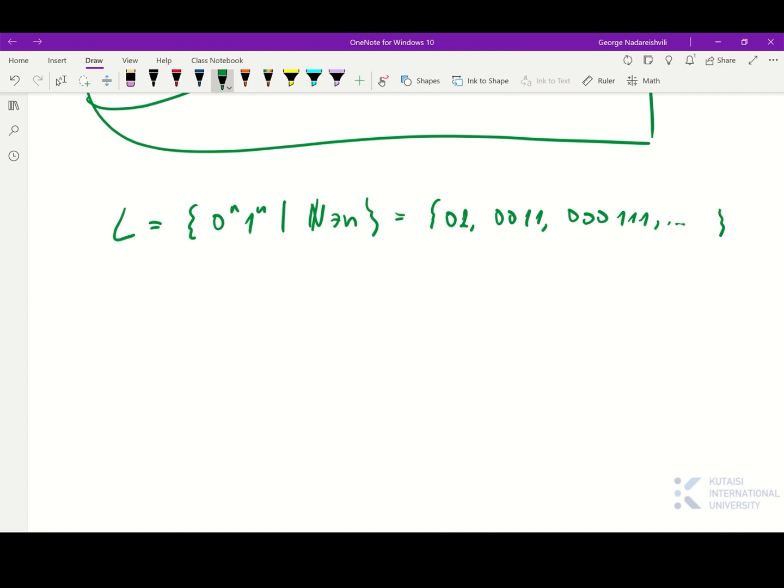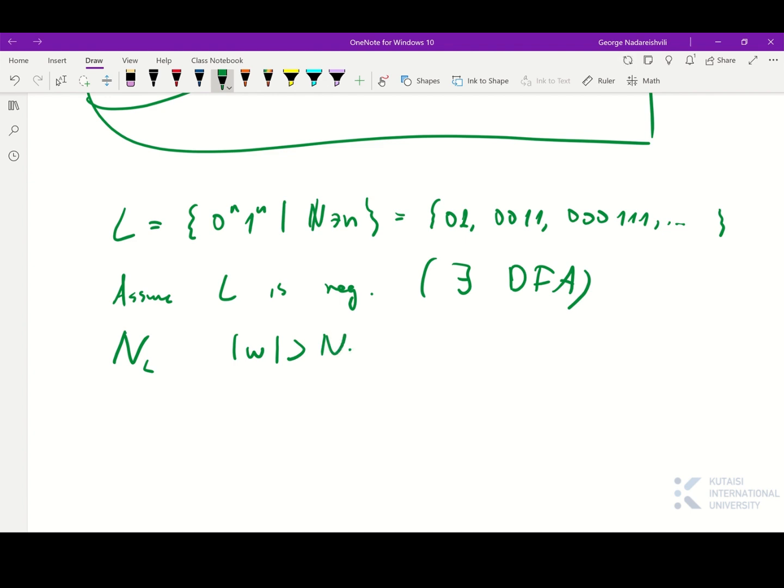Now I'm telling you that by the pumping lemma, this is not regular. Why? Let's say this is regular. Assume L is regular. That means there exists a DFA that accepts it. By the pumping lemma, there must exist a number, I don't know what this number is, such that if I take a word which is longer than this number, now this is my first question.